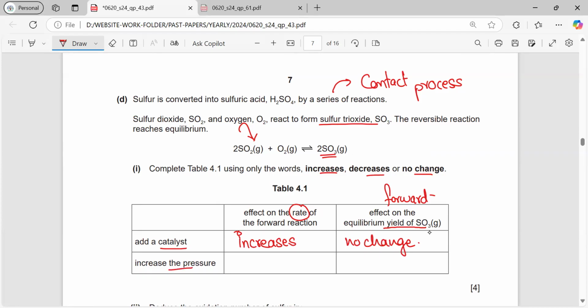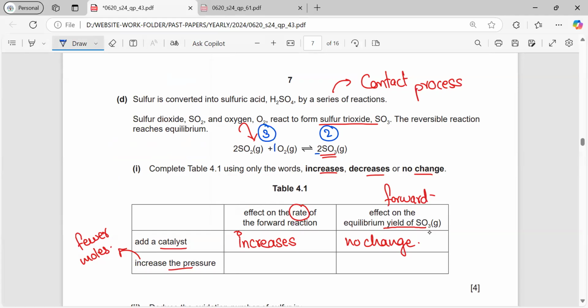And the catalyst has no effect on the position of equilibrium. When we increase the pressure, it will move towards the side with the fewer number of moles, and the fewer number of moles are on the reactant side. On the reactant side, we have two moles, and on the product side, we have a total of 3 moles.